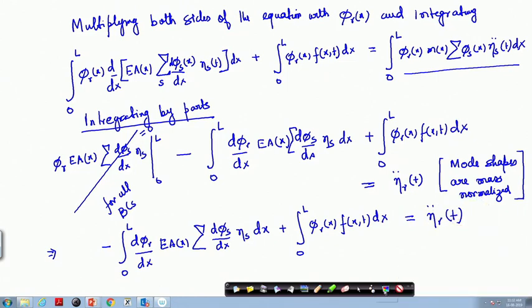Now, let us carefully look into the equation. If we have proved the condition for orthogonality, we have seen that this expression is again going to go to 0 for all the terms where r is not equal to s. So, d phi r by dx into E A x into d phi s by dx is going to go to 0.